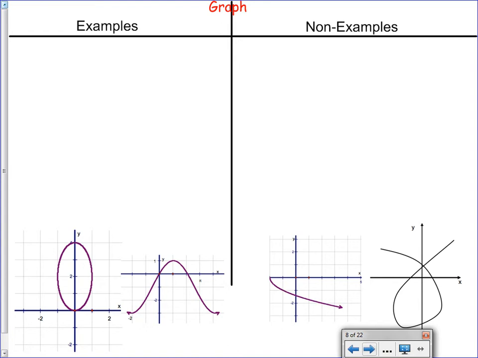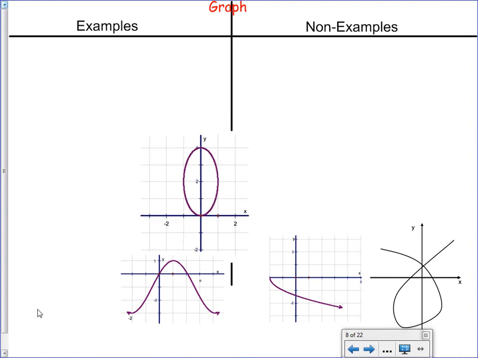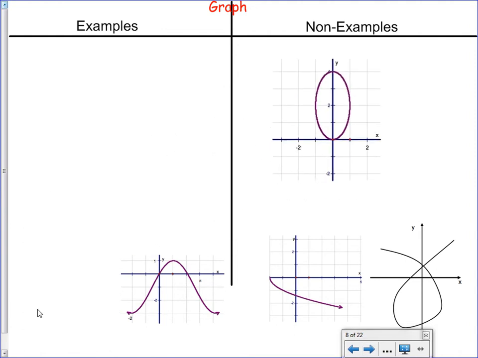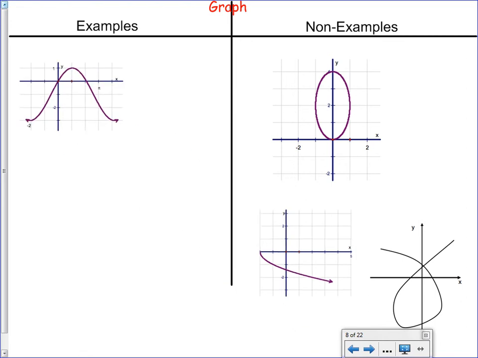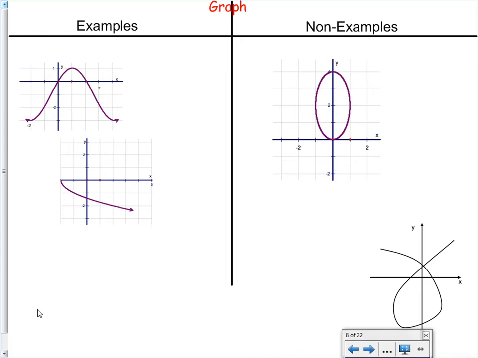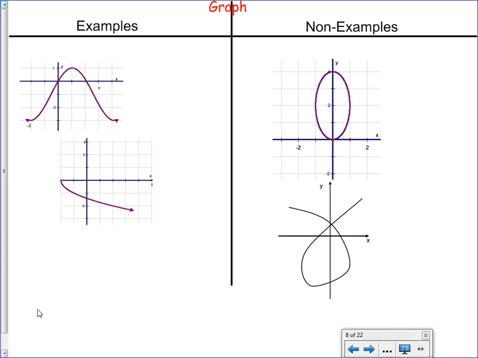Okay, what do we think about the first one? Function or not a function? It is a non-function. This one, function or not a function? Good. So there's three ways that you have to identify a function or not a function.